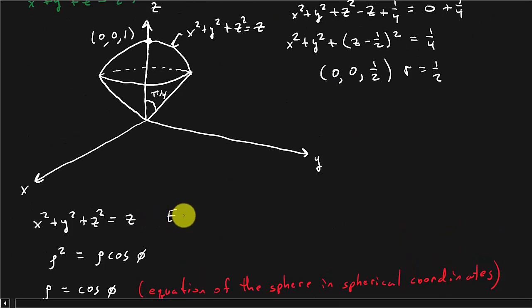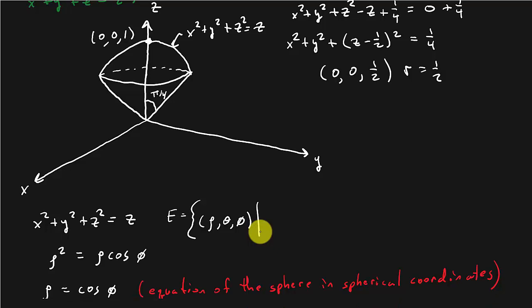E is equal to the set of rho, theta, phi such that, all right, so this is where we set up our bounds on our integral.